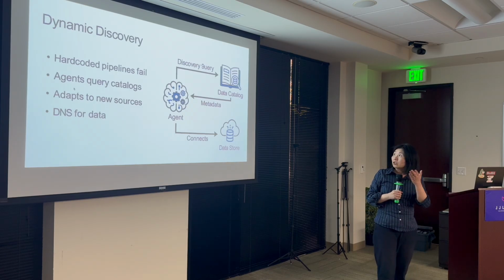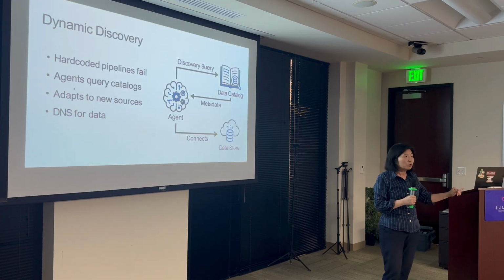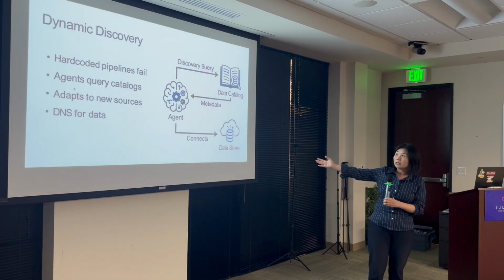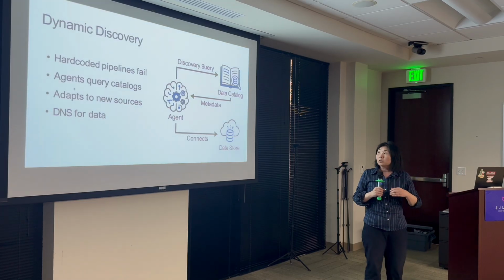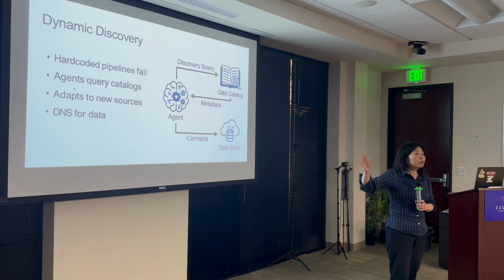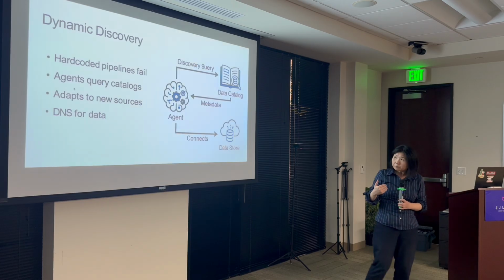And after that, the agent, based on the current task, also needs to understand the user intent, understand the task it needs to accomplish. Based on all of that, it then decides what data to connect to. And this module also needs to be adaptive. If we add a new data source, it should immediately update its catalog, update its metadata.